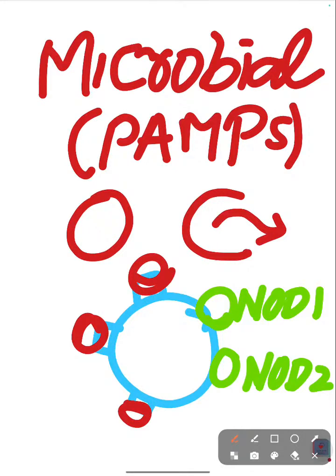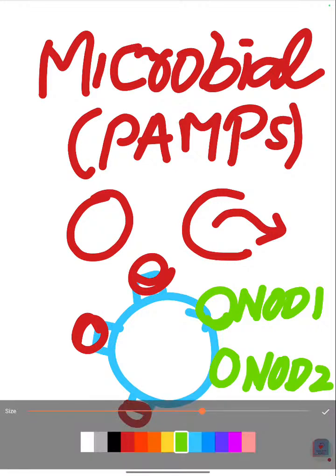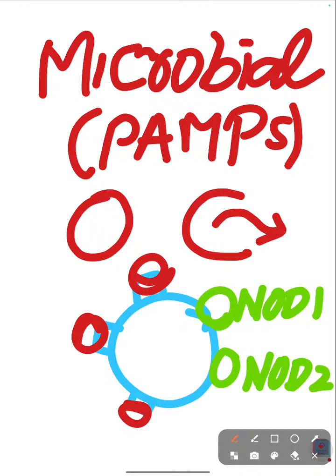The complex of PAMP and receptor transduces the recognition signal to the interior of the cell to trigger production of pro-inflammatory mediators. The monocytes or macrophages identify that these PAMPs are bacterial products, because there is a complex formed between the PAMPs and the toll-like receptors.